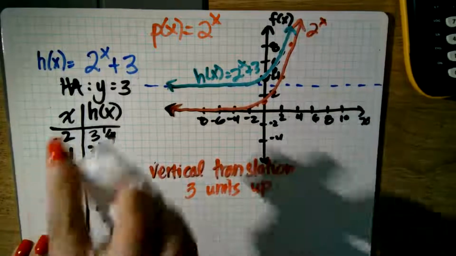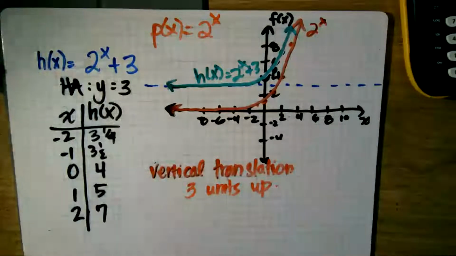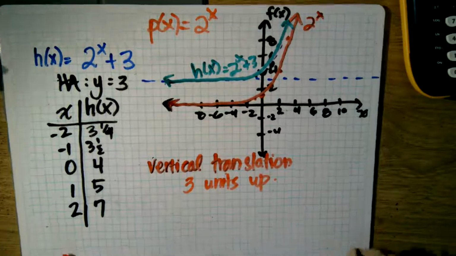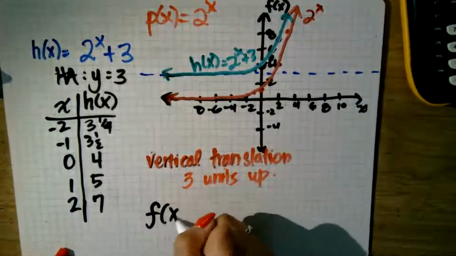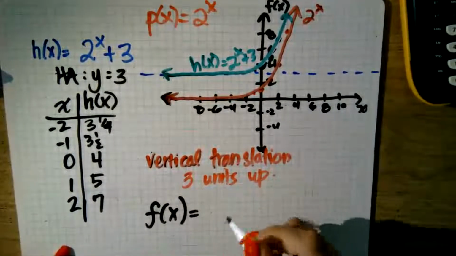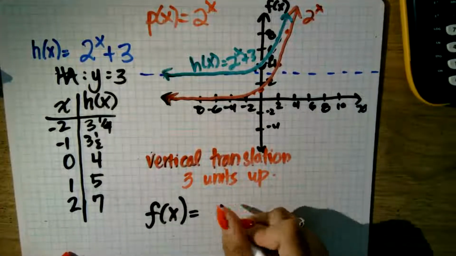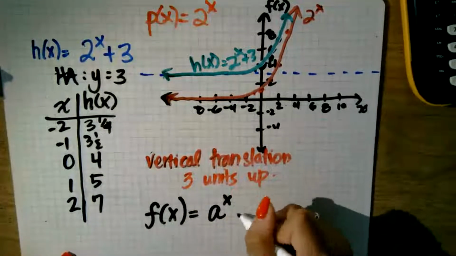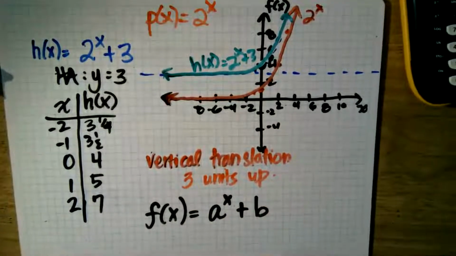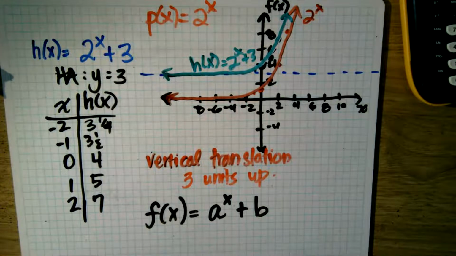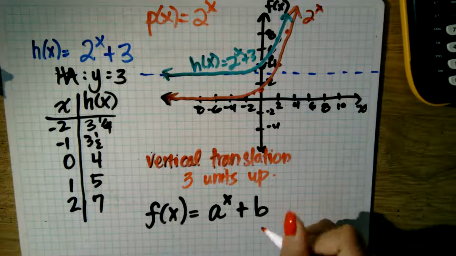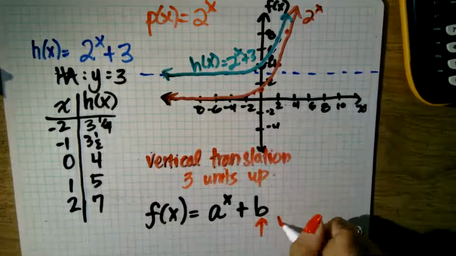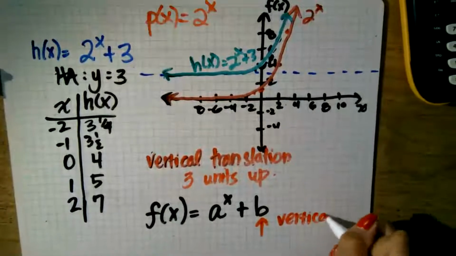So again, now we know vertical translation. So let's look and see. If my function looks like this, so far, we recognize that this part right here gives us vertical translation.